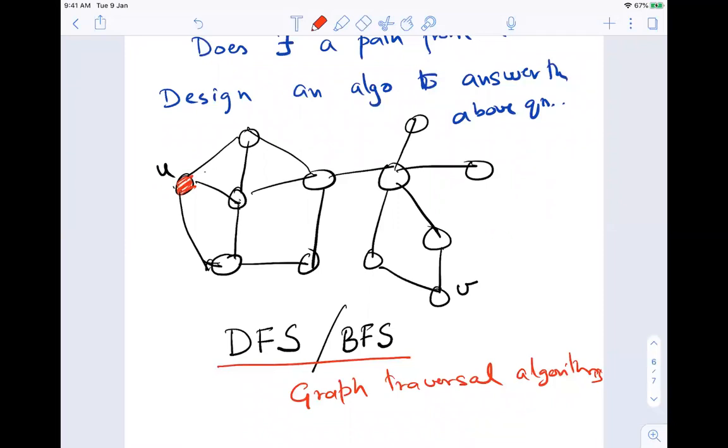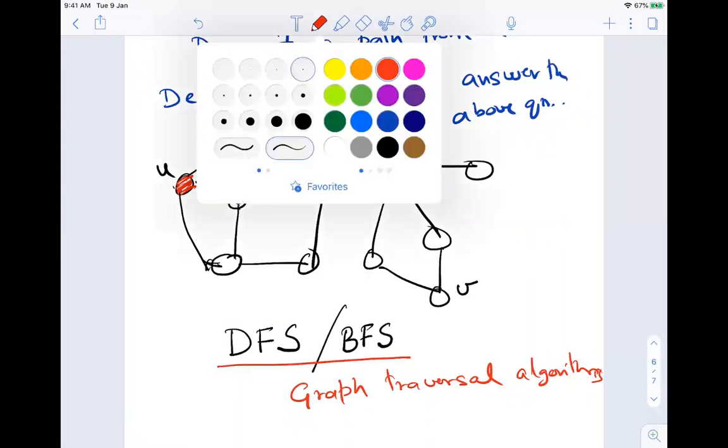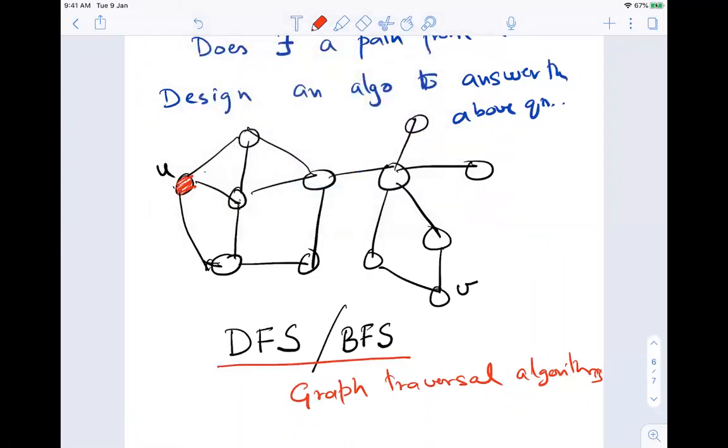Now, as somebody pointed out, one thing you can do is go and visit all your neighbors. So I have to number these vertices. Let's call them 1, 2, 3, 4, 5, 6, 7, 8, 9, 10, 11, 12.